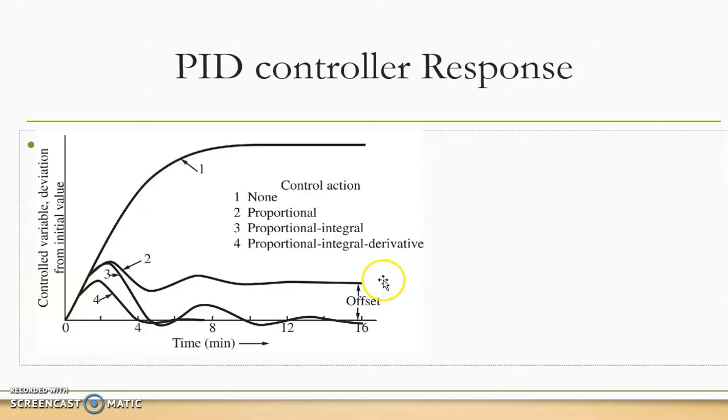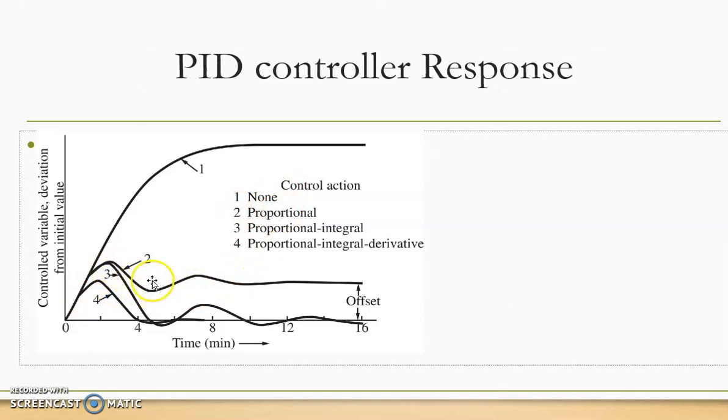Now this is the diagrammatic representation of the curves when we are using different controllers and when we are not using a controller. So what will be the effect on the output when we are not using a controller and when we are using the different controllers? The axes show control variable deviation from the initial value against time. As you can see, number one is the curve obtained when we are not using any controller.